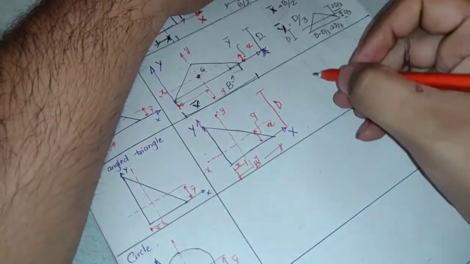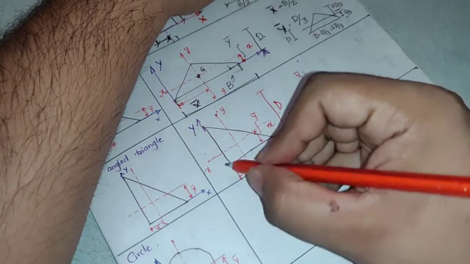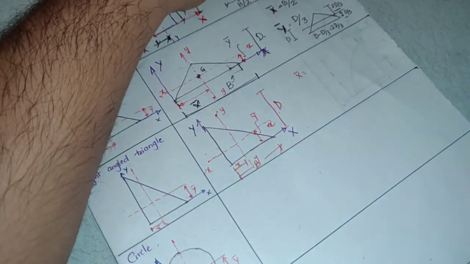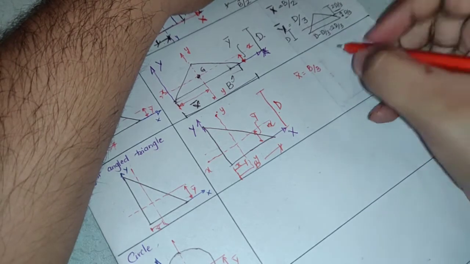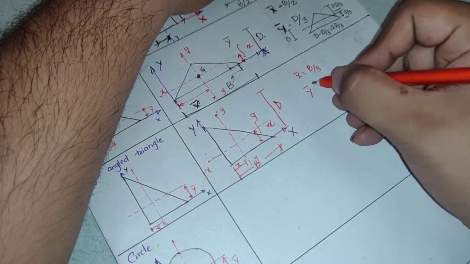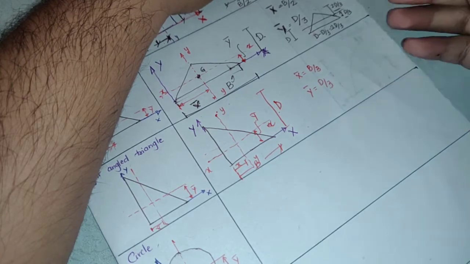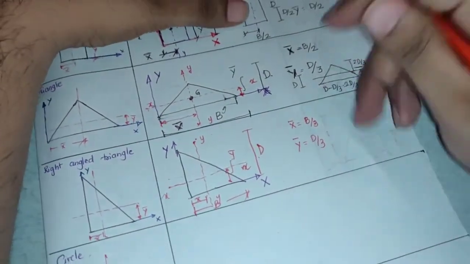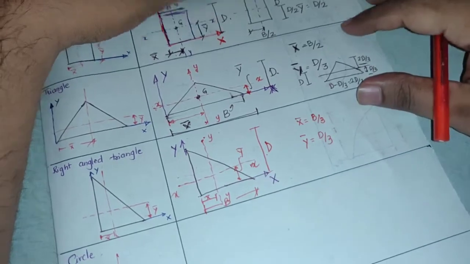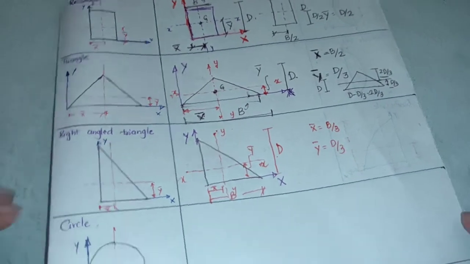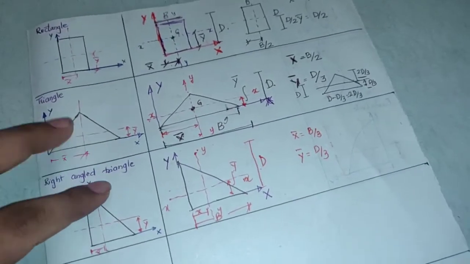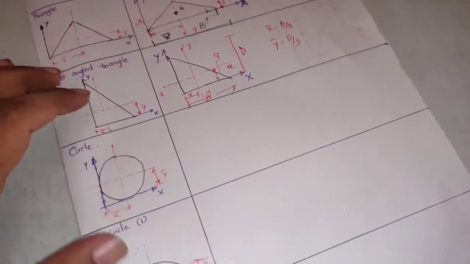This is not b by 2, so what will x bar be with respect to the reference axis? It will be b by 3. Similarly, y bar will be d by 3. Hope you followed this. Okay, moving on to the next, circle.